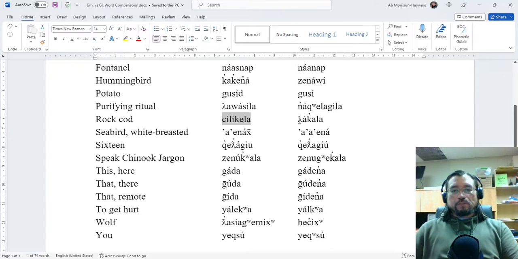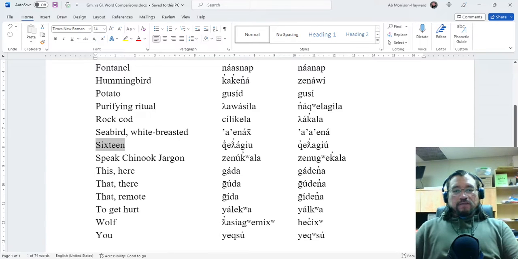In xenaksiala, xlakiala. This next word is defined as some kind of a seabird that has a white chest. I don't think they could identify the species, but in xaislakiala, it's a'anach. And xenaksiala, a'ana.